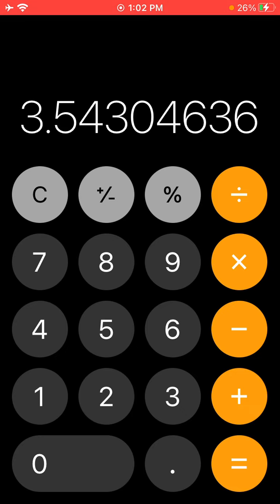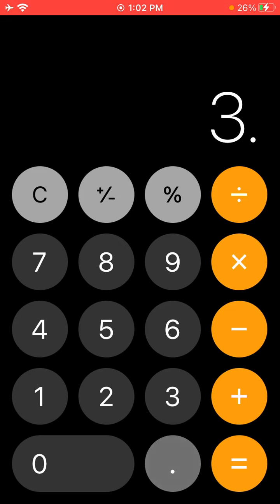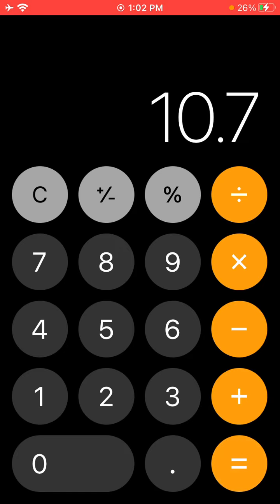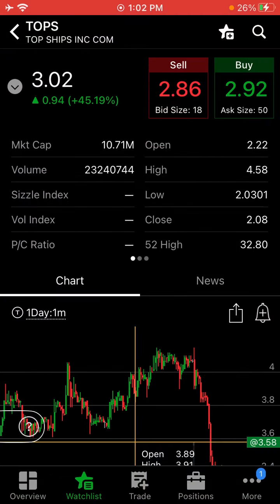And if you take 3.5 million times the current price, 3.02, that will equal 10.7, the market cap. So we know that the shares outstanding is 3.5.